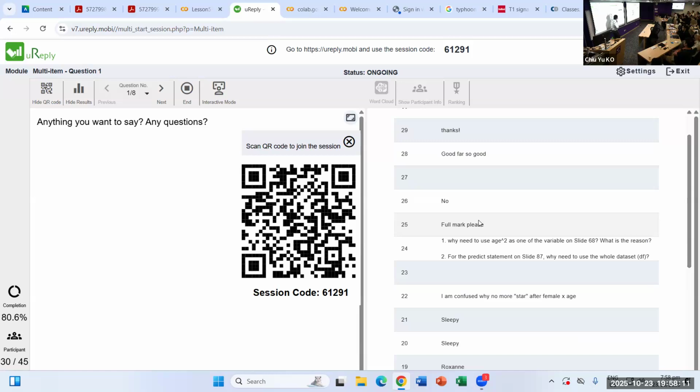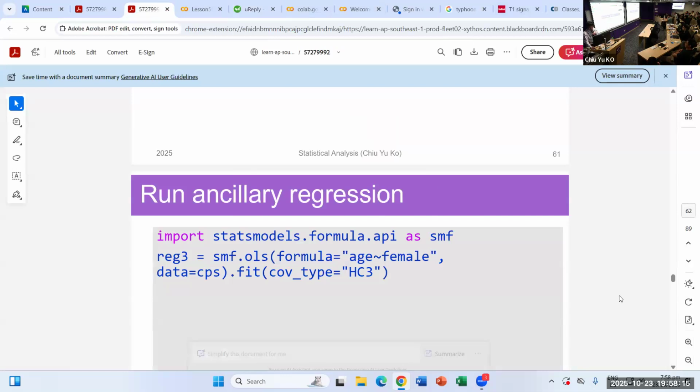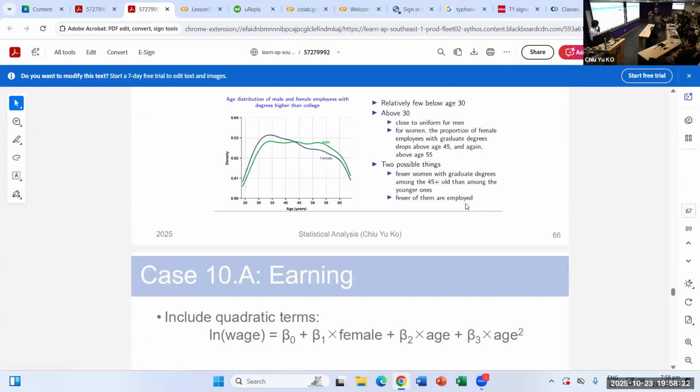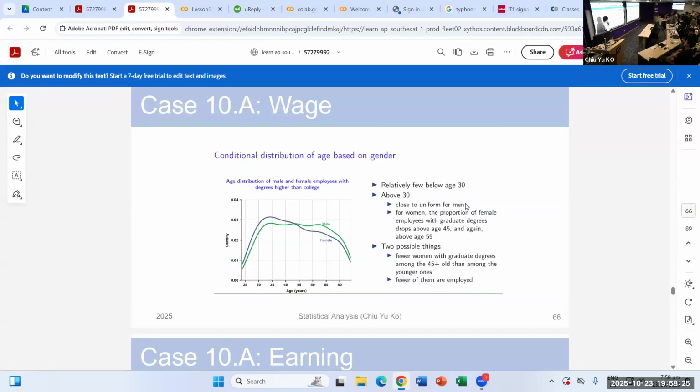Why do I need age squared? Because I can see the distribution of age is not linear. And we also noticed the effect of age on experience is going to be nonlinear. In general, you can imagine experience is important when you are young.